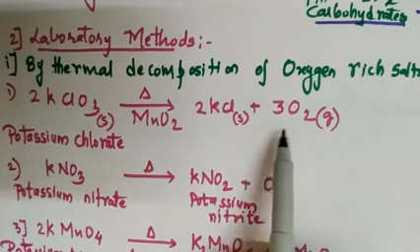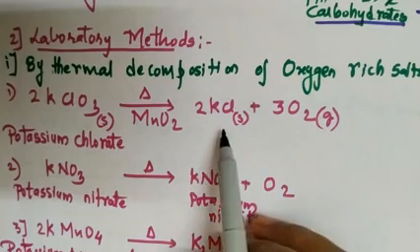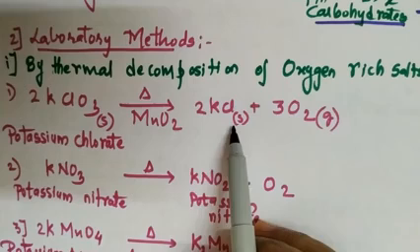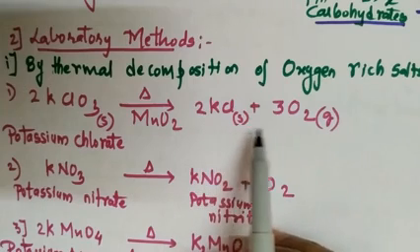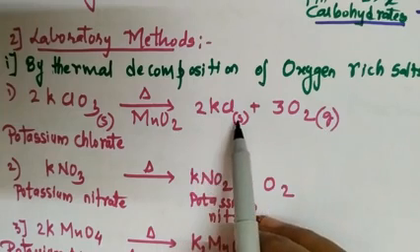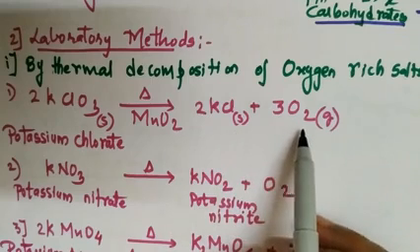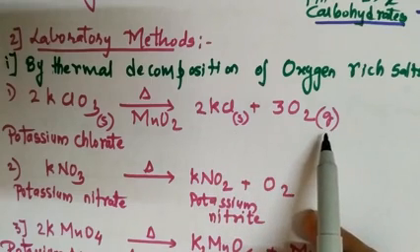Right? The balancing part you have to do by practice. The main products are potassium chloride, a salt, which remains in solid state, and oxygen gas is released.